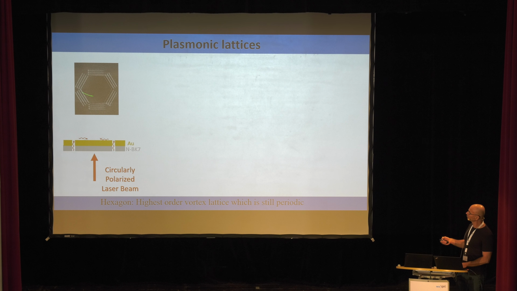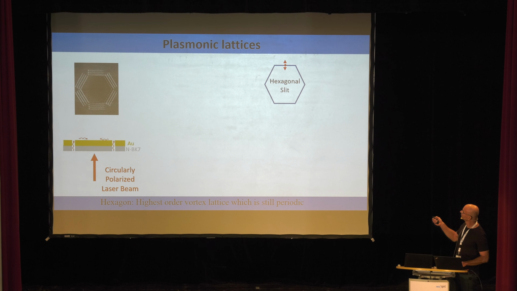But that can be quite confusing because it looks very simple. Well, it is a hexagon, but the hexagon will generate an interference pattern of these 6 beams. We illuminate with circular polarization, so there is some inherent phase delay between the slits, which is good for us. What is interesting here is that it gives us some degrees of freedom, and in fact, it can generate 4 different topologies.